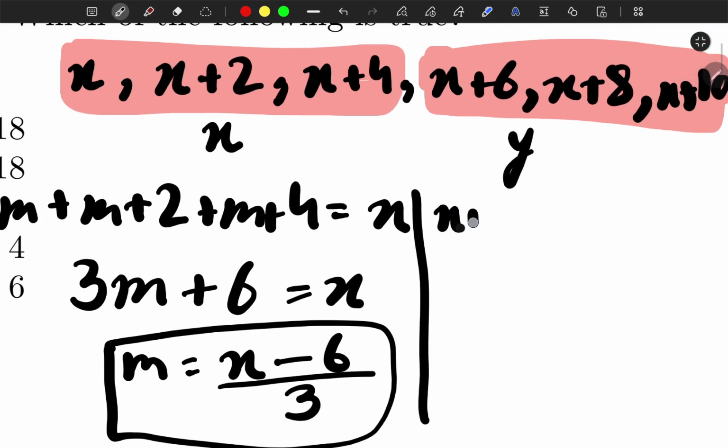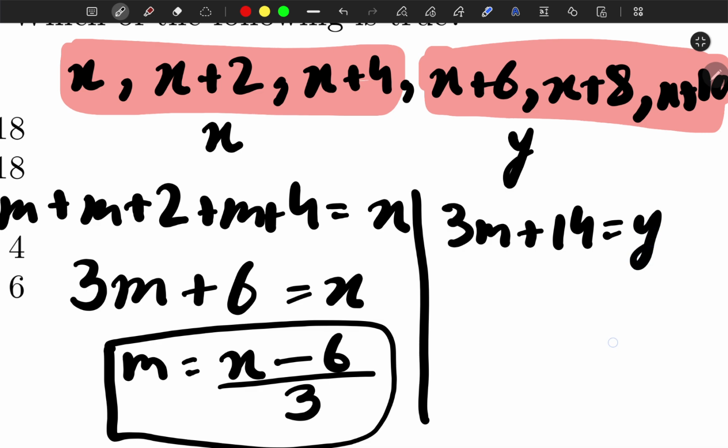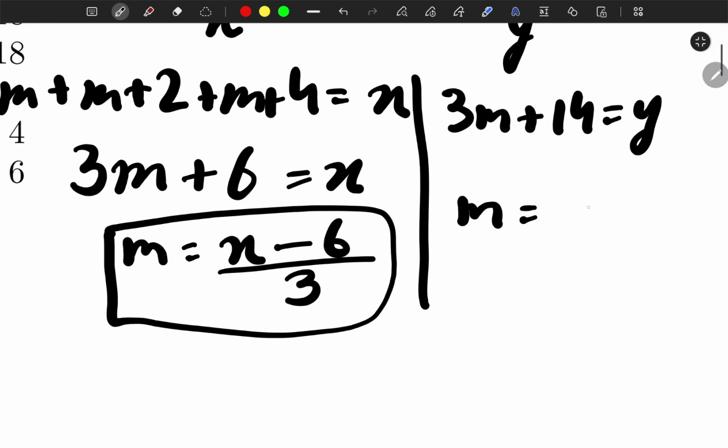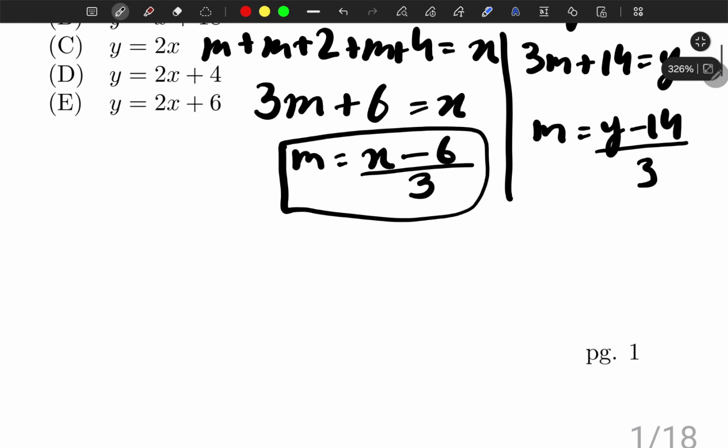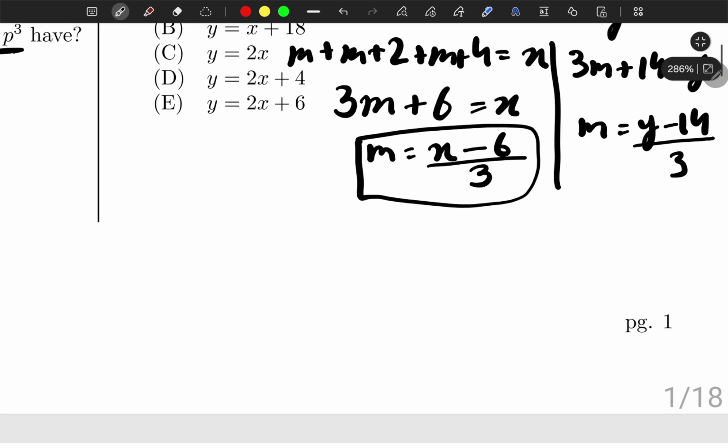We'll just add it already, so we'll have 3m plus 14 is equal to y, and we'll write it in terms of m again. That is going to give us y minus 14 over 3. So once we equate the m with each other, we're going to get x minus 6 over 3 is equal to y minus 14 over 3.